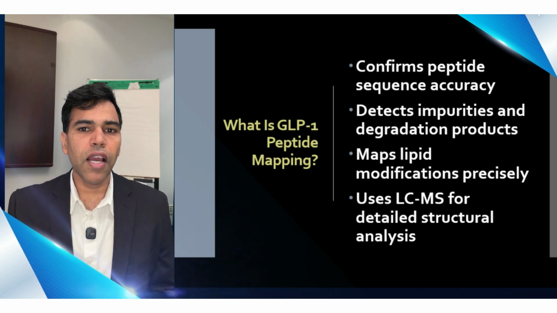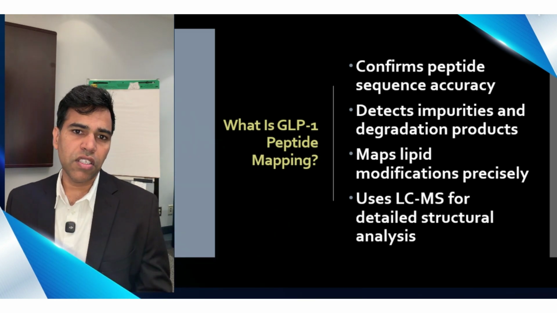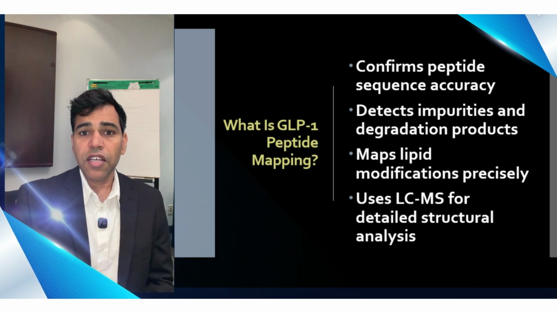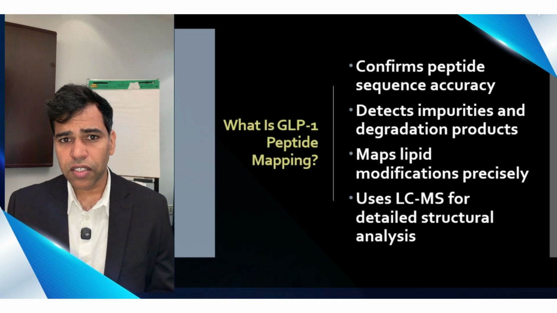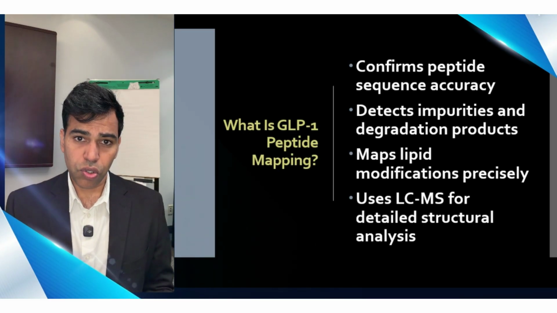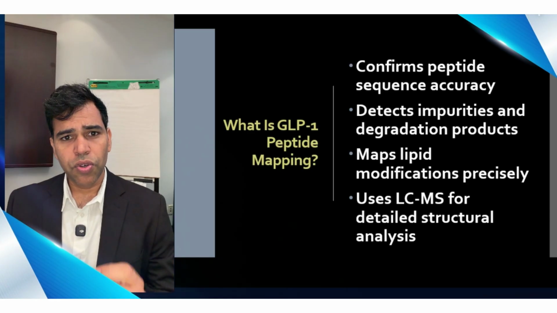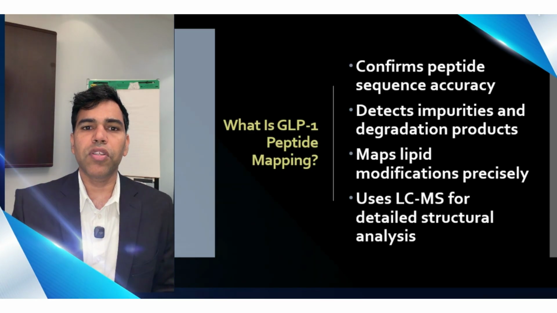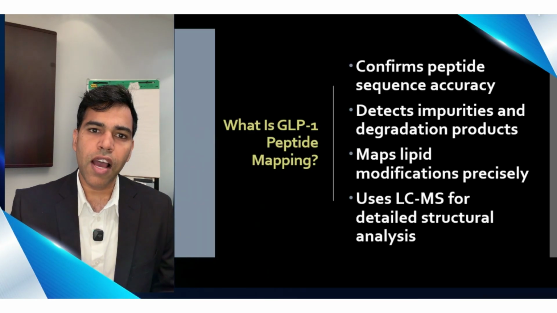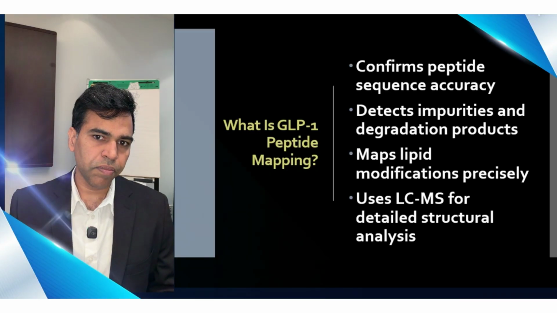For GLP-1 analogs, this isn't a checkbox exercise, it's the analytical foundation that regulatory reviewers will scrutinize when you file. Without this, you are asking an agency to accept a structural claim you haven't fully demonstrated.